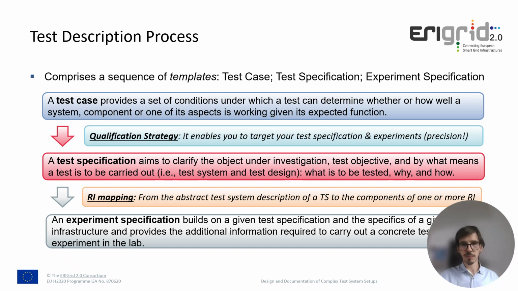When the test campaign is a little more complex, we can add a formulation of the qualification strategy, which supports the breaking down of a bigger test case into subtests. And similarly, if some of the tests should be done in different research infrastructures, we can offer an RI mapping strategy.